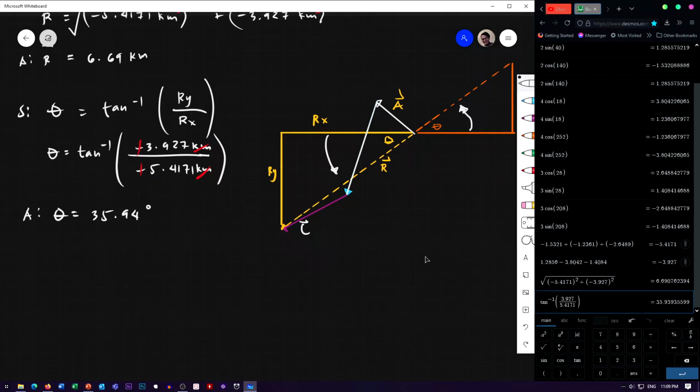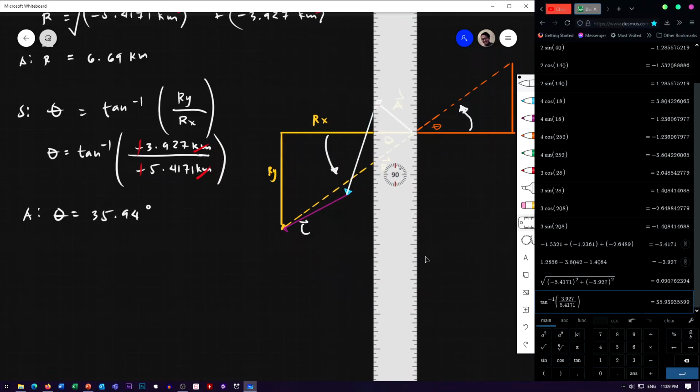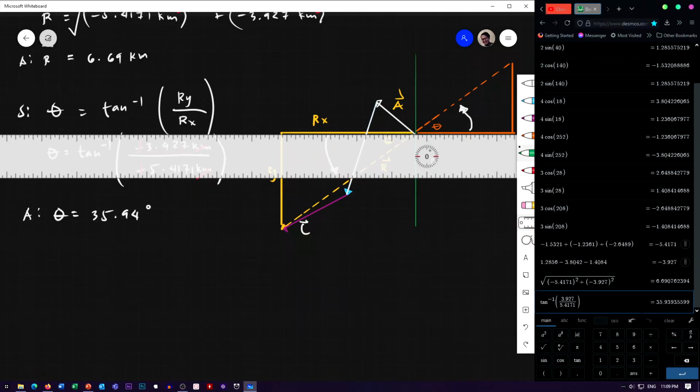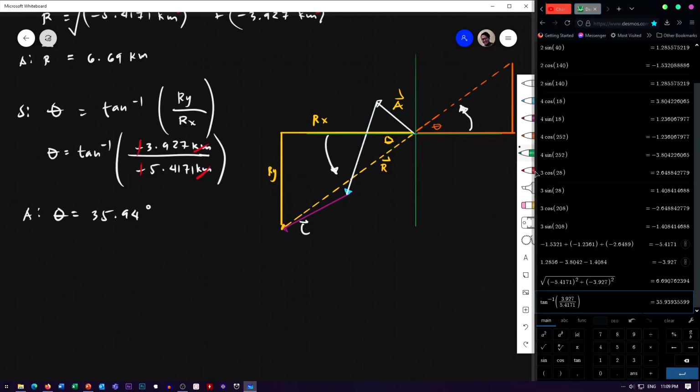Okay, if this is our Cartesian plane, I'm going to draw an imaginary Cartesian plane here. You can see r sub x is located at the negative x, or 180 degrees.